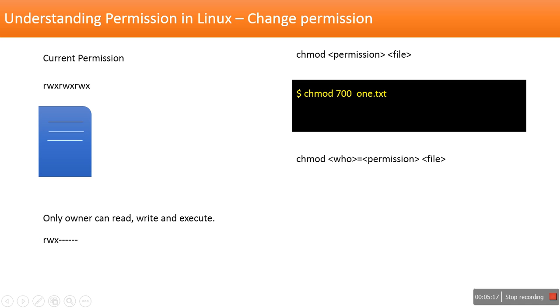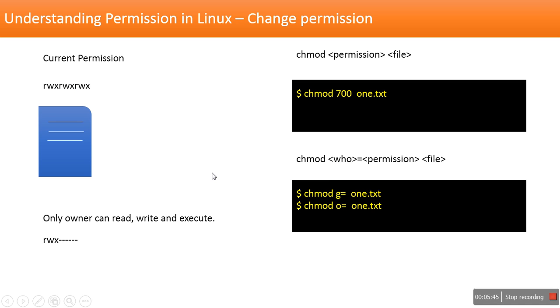There is one more notation. This notation is like chmod who equals permission file. Who represents to whom you want to assign permission. So user is represented as U, group as G, and others as O. Here we want to remove the RWX permission from others and group.